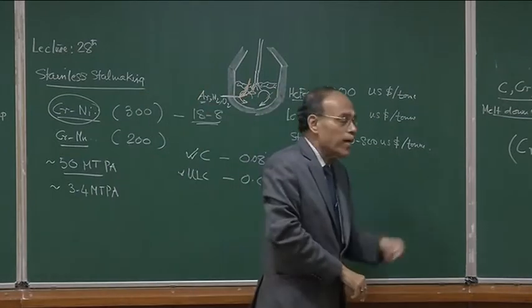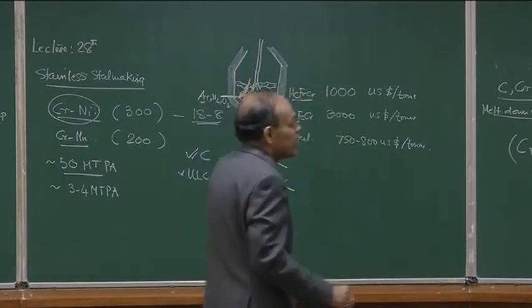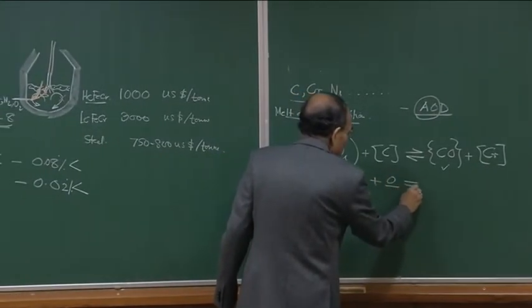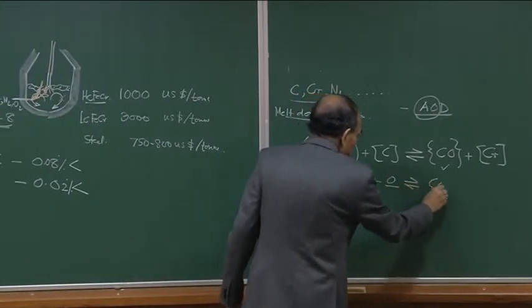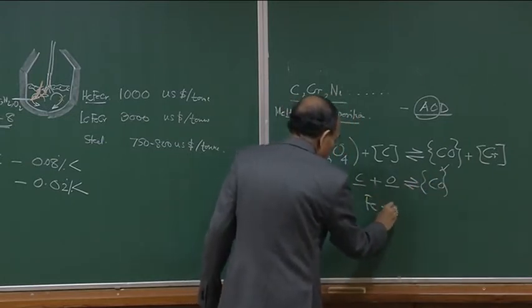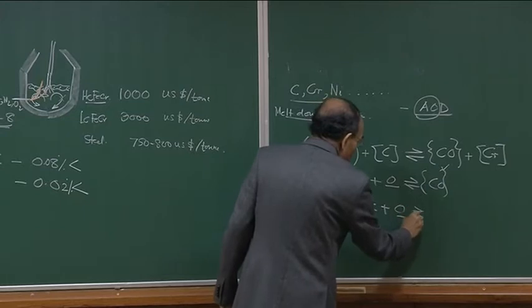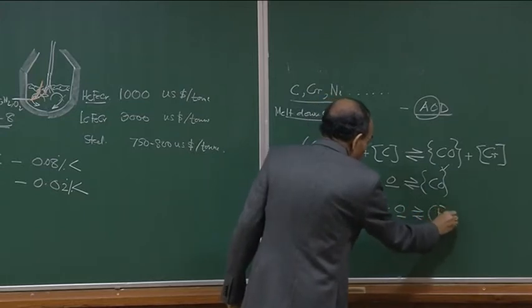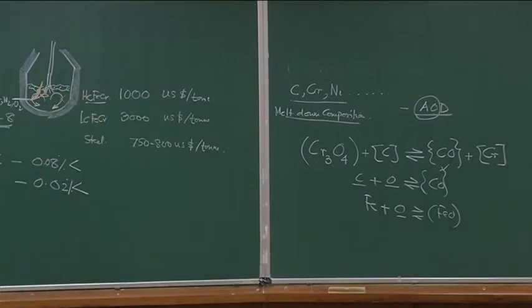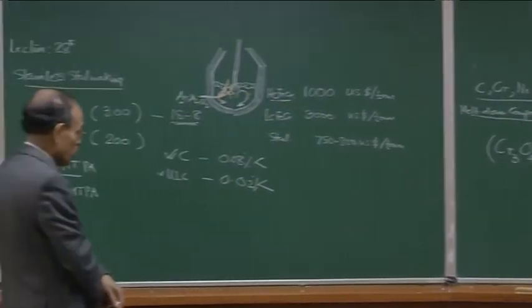this reaction takes place. In parallel, there could be many other reactions. Carbon can react with oxygen, okay. This is also there, iron is there. If you are injecting oxygen, this will also form, the slag will also contain FeO and so on and so forth. Okay. There are various other reactions which are possible.